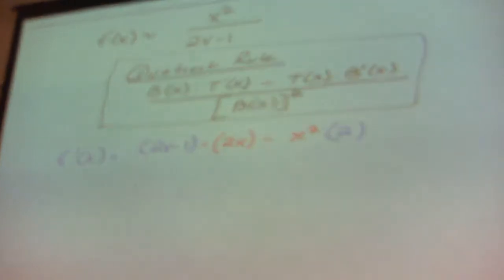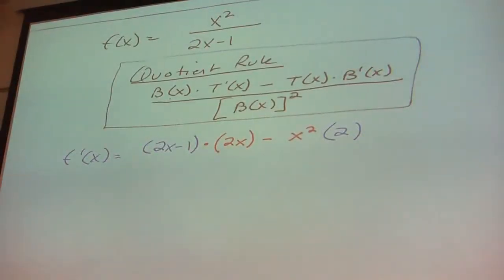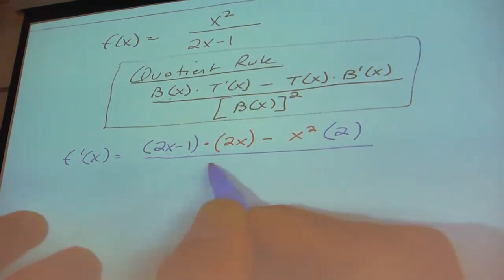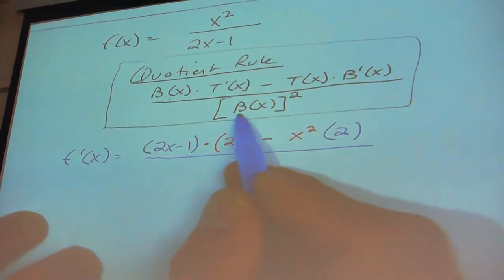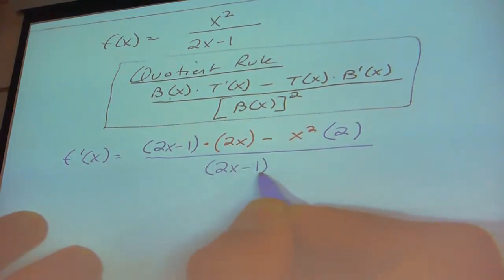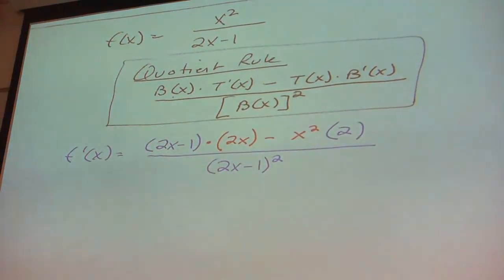Any questions on how I got the numerator? Original bottom times the derivative of the top minus original top times the derivative of the bottom. You gotta know your derivatives. All of this over what? B of x, what's that? The original bottom squared.